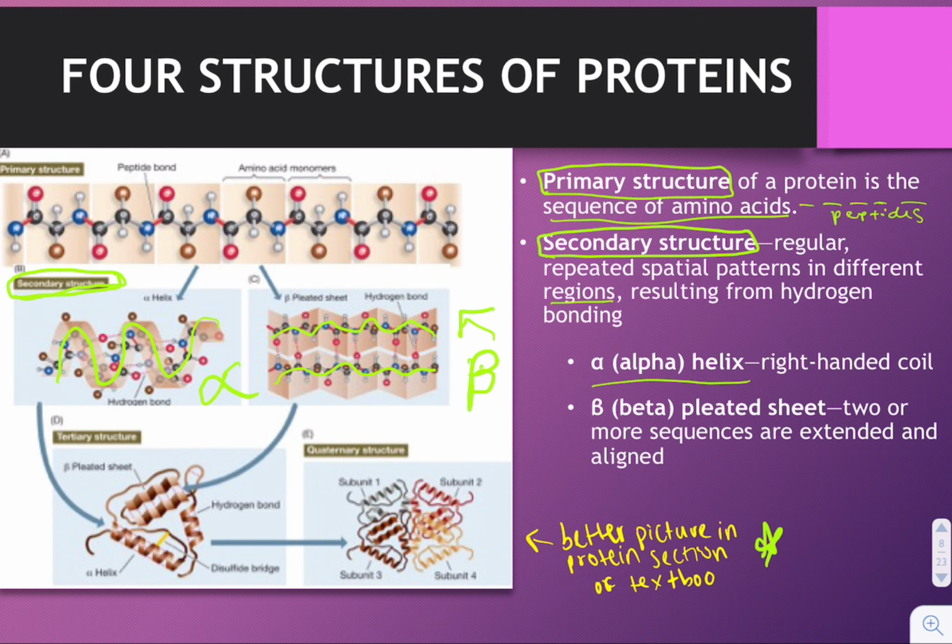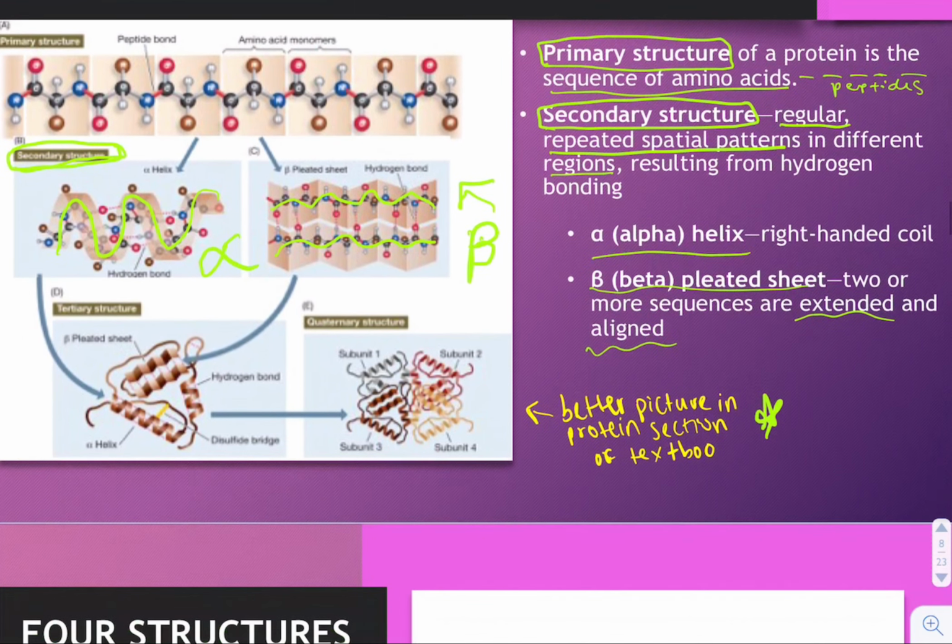And then beta pleated sheet, where 2 or more sequences are extended and aligned, all right? And so those are going to be the secondary structure. These are the regular repeated spatial patterns, right? Either that pattern is a helix or that pattern is a pleated sheet. Pleated, you could think of folds like pleated pants that got a fold in the pants, okay? So that's primary and secondary.